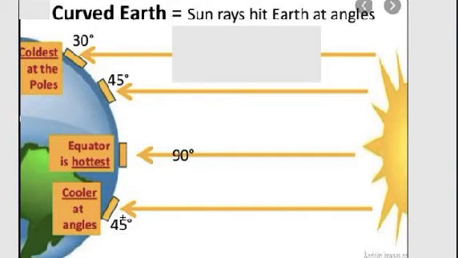So here the climate is cooler, and as we move to the polar areas, that angle decreases more. Here you can see 30 degrees, and it keeps decreasing. So the areas near the poles become the coldest, in both the northern hemisphere and the southern hemisphere.